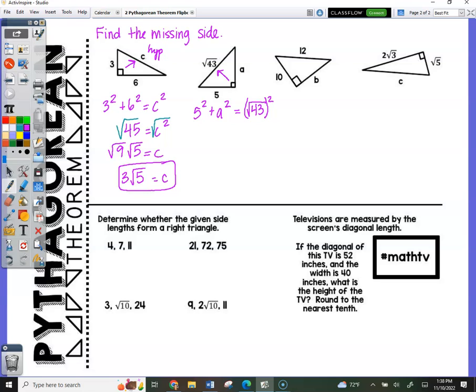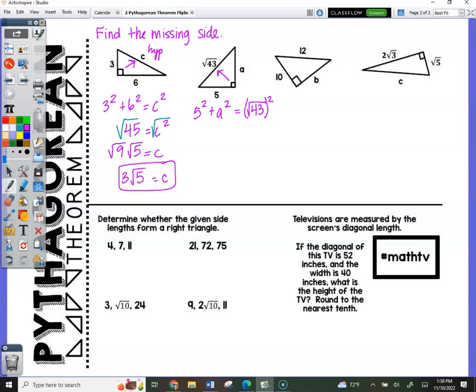Don't overthink this. What's the opposite of square rooting? Squaring. What's the opposite of squaring? Square rooting. So right here, when you have a radical as a side length, and you plug it into the Pythagorean Theorem like this, it feels like it's going to be really ugly. It's actually really pretty because they cancel, and you're left with just that 43.